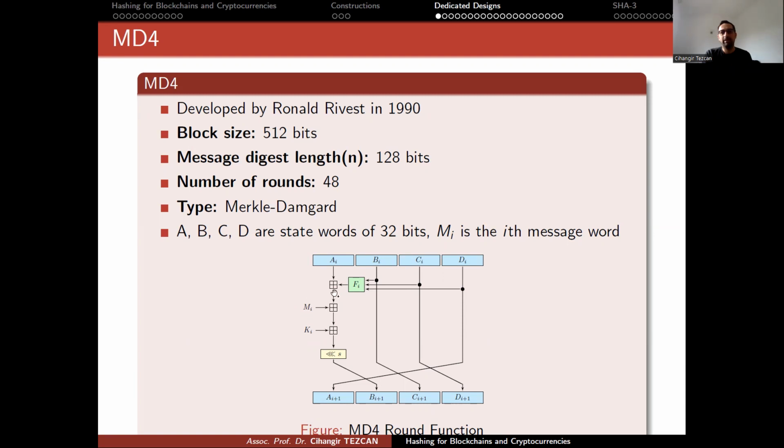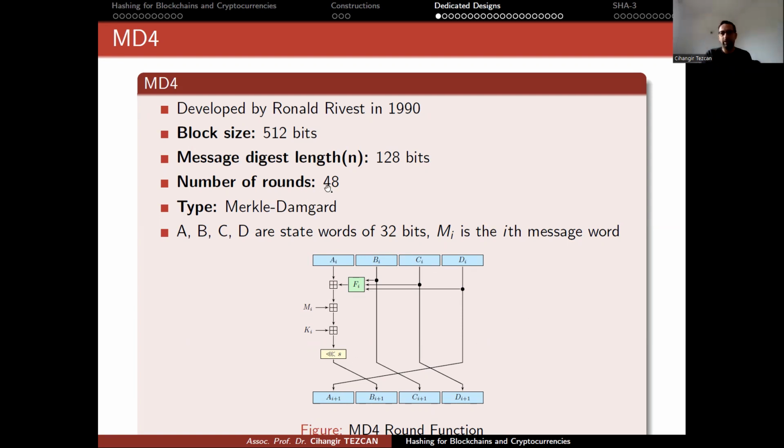Then you start adding 32 bits of your message here in the first round. Then you add a constant and rotate this word. Then, it was the first word, but in the next round it becomes the second word. This goes here, and this one goes here. So this is your single round.